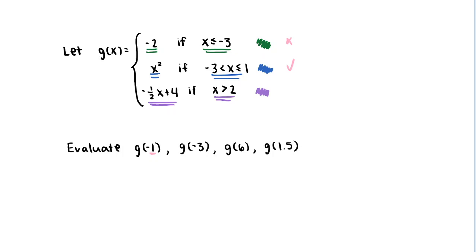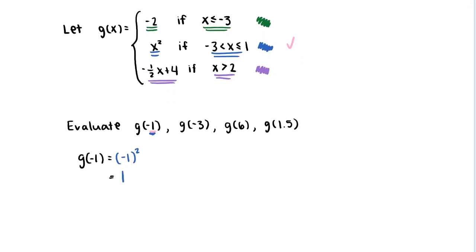And because this is a function, I shouldn't expect to use this rule either. So really, we're going to use this x squared rule to determine g of negative 1. Here maybe I'll underline in blue to say we're going to use our x squared rule. And so g of negative 1 is equal to negative 1 squared, and we get out positive 1.